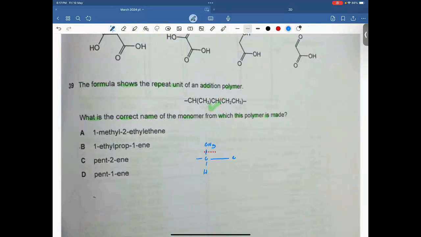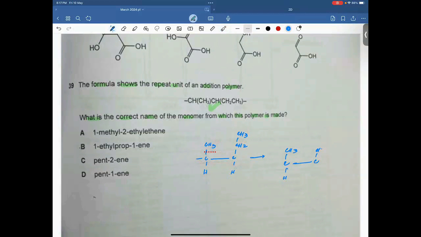Similarly, this carbon has one H and one CH2 and then one CH3. All right, which means we have 1, 2, 3, 4, 5 carbon atoms. That means these two carbon atoms must have the double bond. So this is CH3, CH.